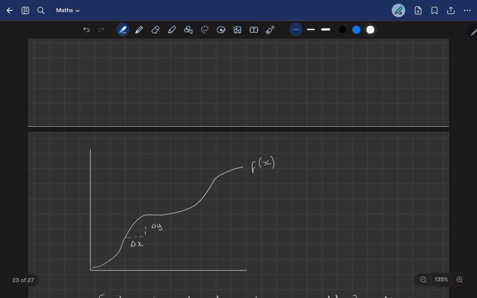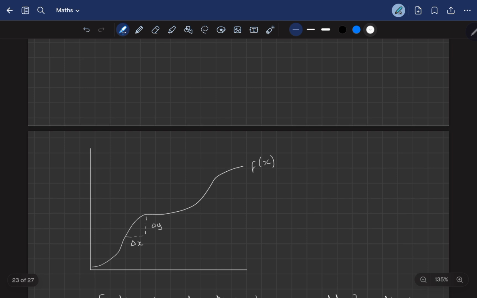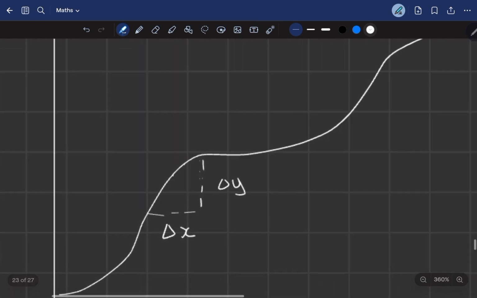It is the change in y over the change in x as the change in x tends towards 0. As delta x gets smaller and smaller, what is the change in the output of the function?